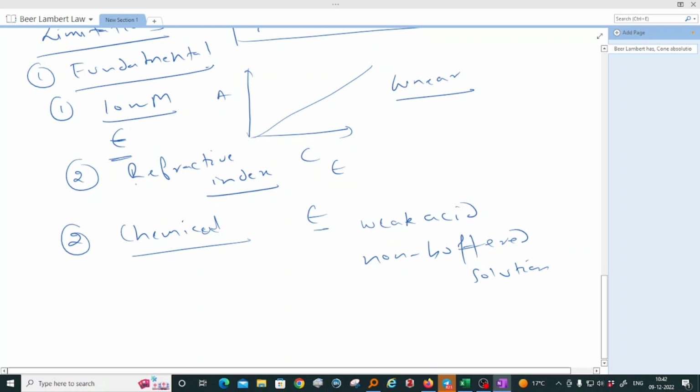So the Beer Lambert Law will deviate. This is the chemical limitation.